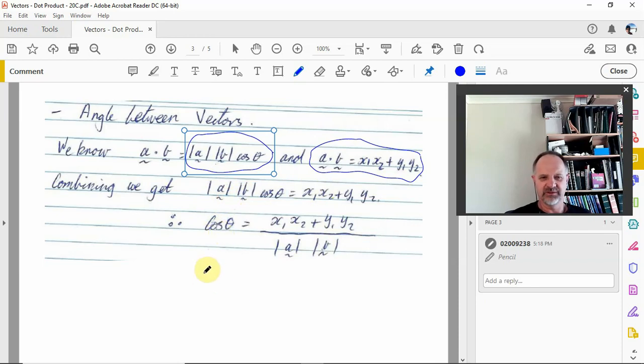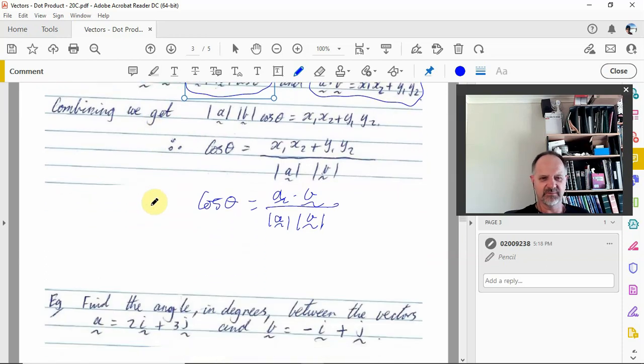So another way we could write that, of course, is cos theta is A dot B over the magnitude of A times the magnitude of B. All right, and by doing that, we can find the angle between vectors.